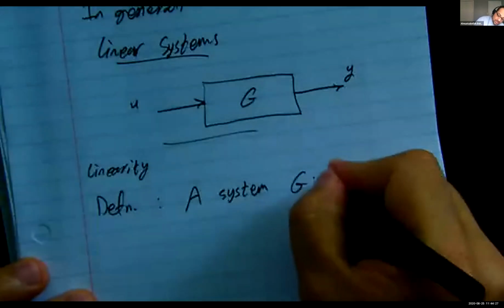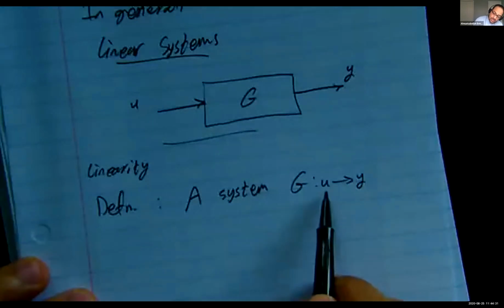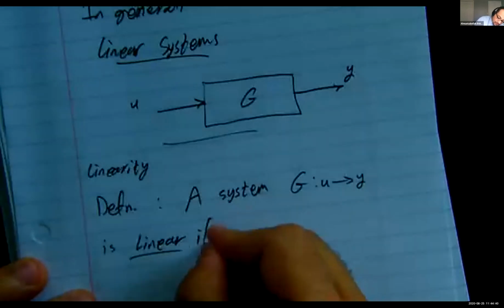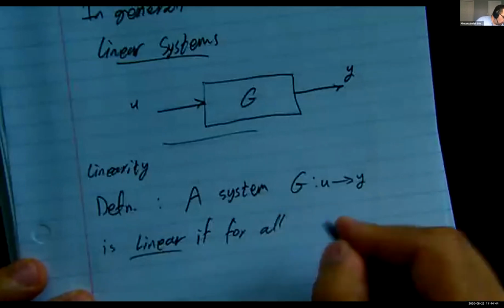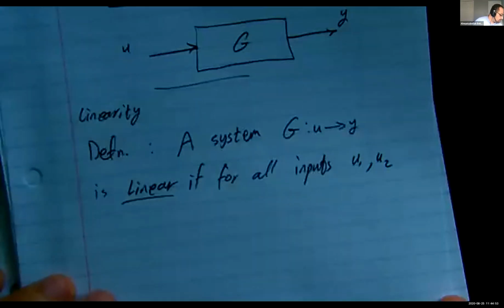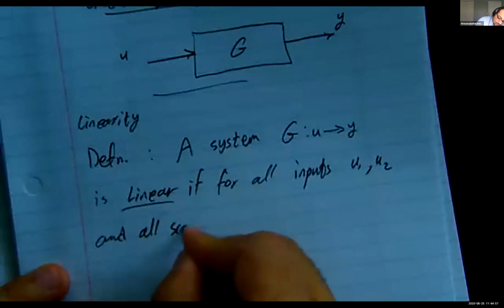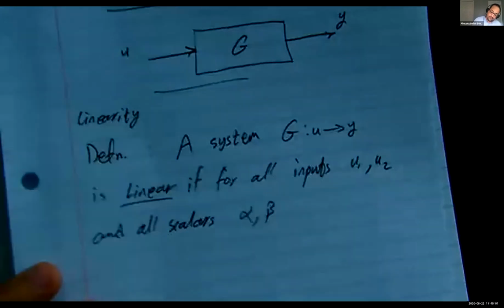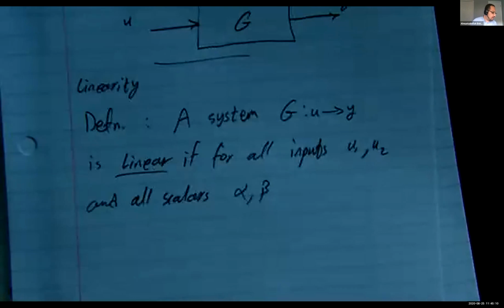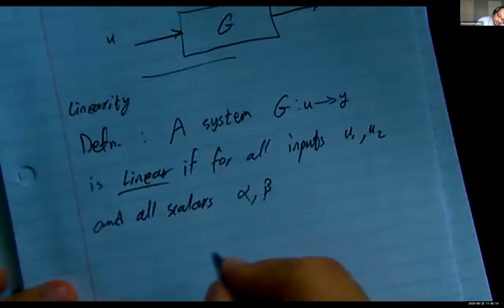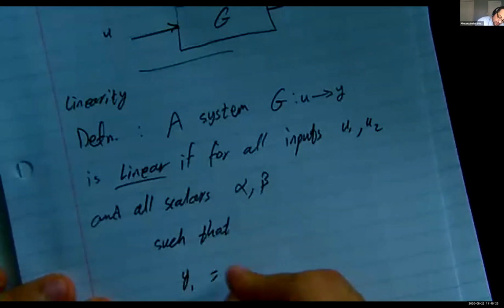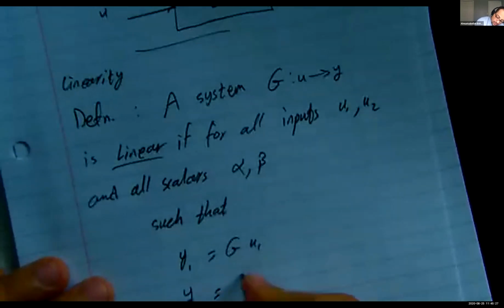A system G, which relates U to Y, is linear if for all inputs U1 and U2, any inputs, and all scalars alpha and beta, any constants, such that Y1 is equal to G U1 and Y2 is equal to G U2.